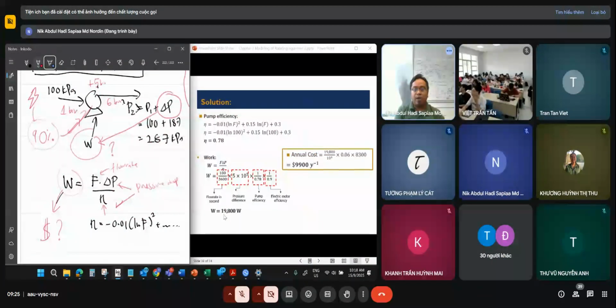Now we're able to get 19.8 kilowatt. This pump requires 19.8 kilowatt. From 19.8 kilowatt, we can then calculate with the time of operation, together with the electricity cost for the process.